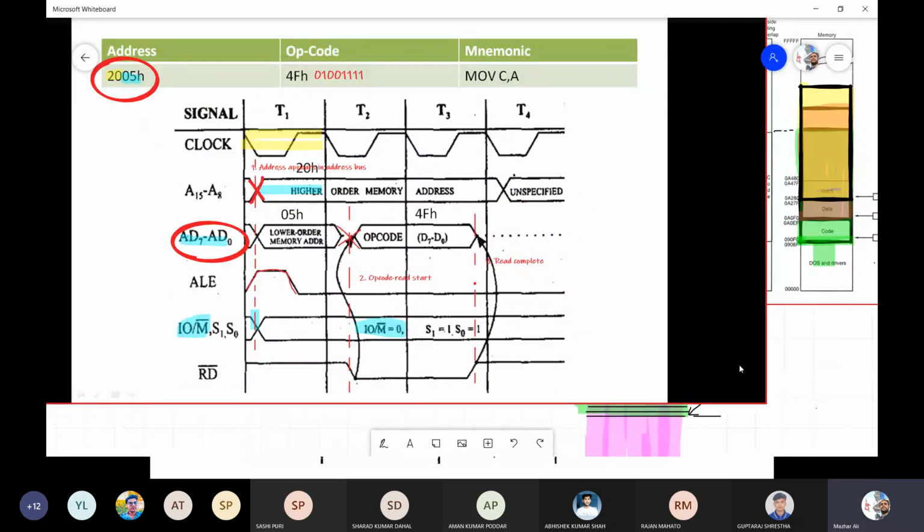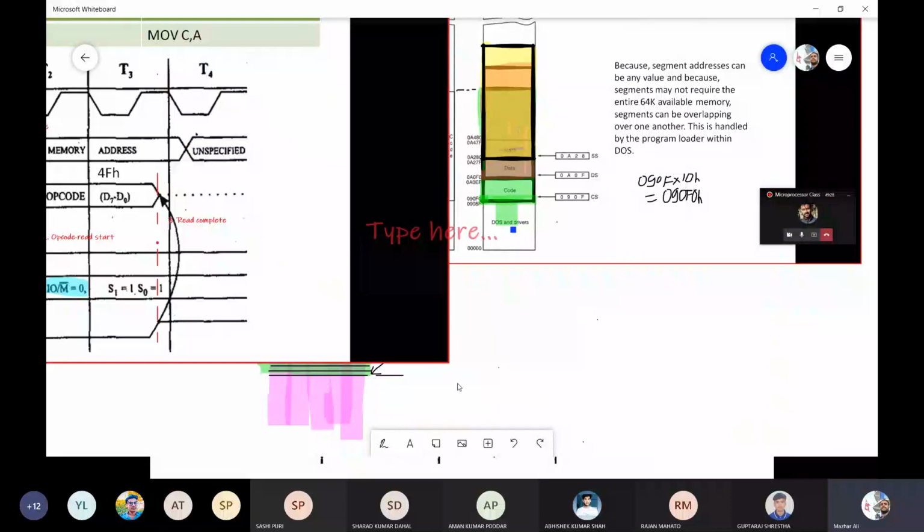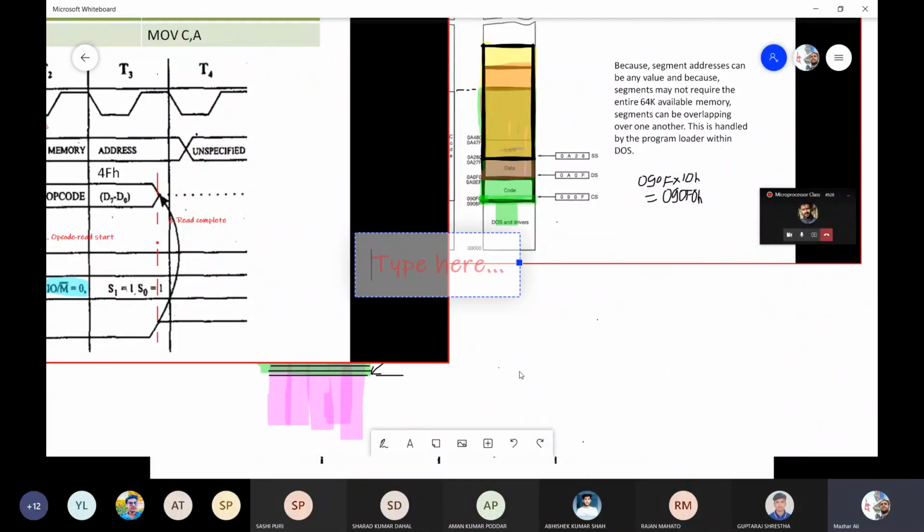Let me write that we have an instruction which is move A comma 1234H.